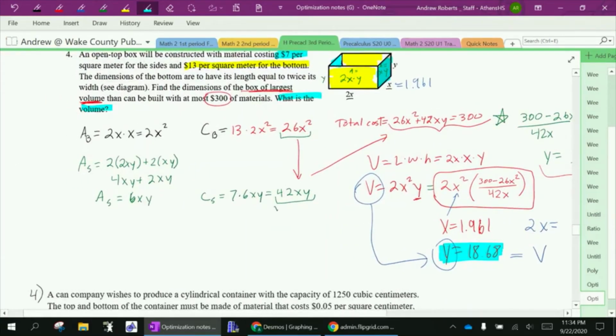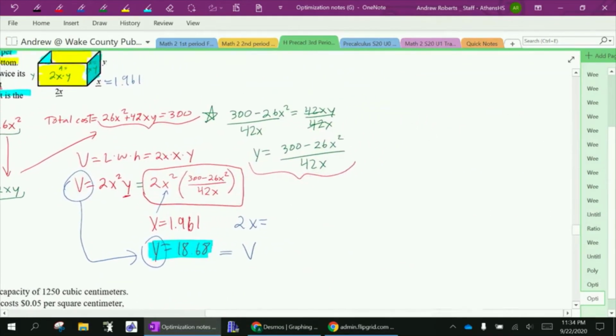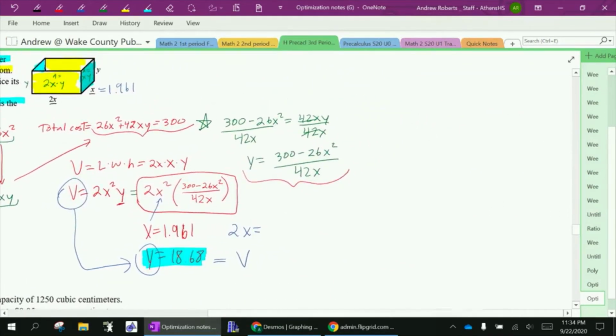Now it also, I'm going to take that back. It did say find the dimensions, so do a little bit more work. So 2x is going to be 1.961 times 2, which is 3.92. I rounded a little bit, that's okay. And then for y, how are we going to find y?